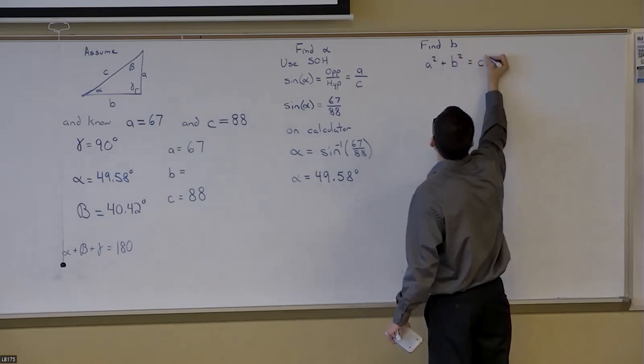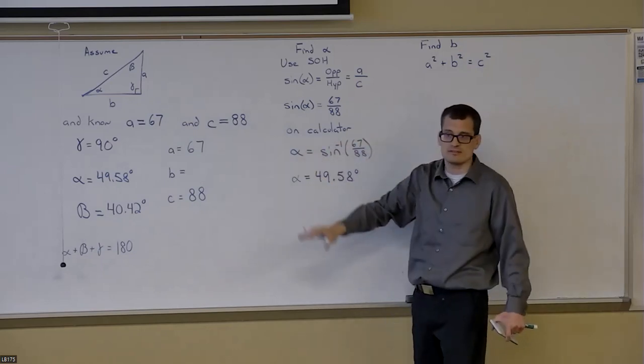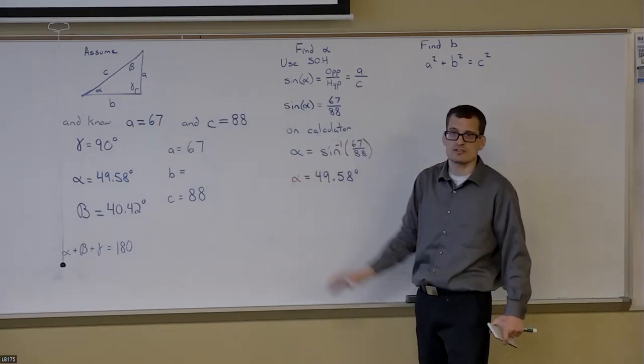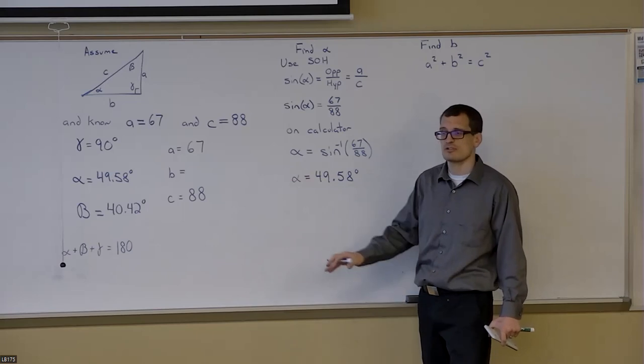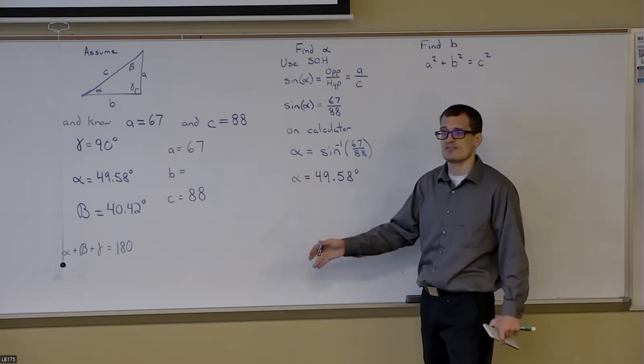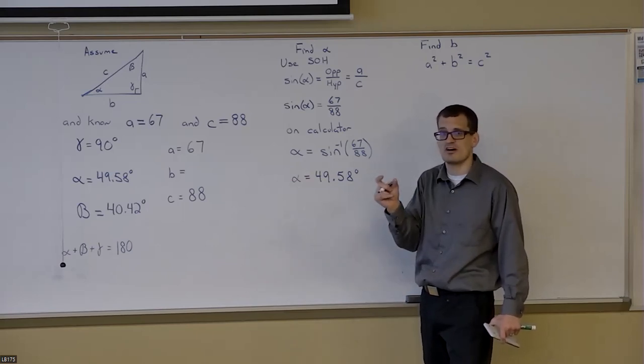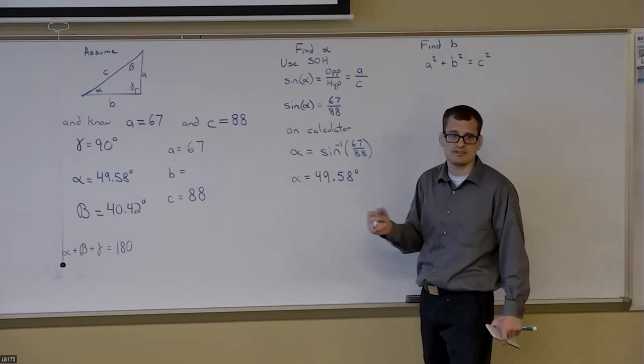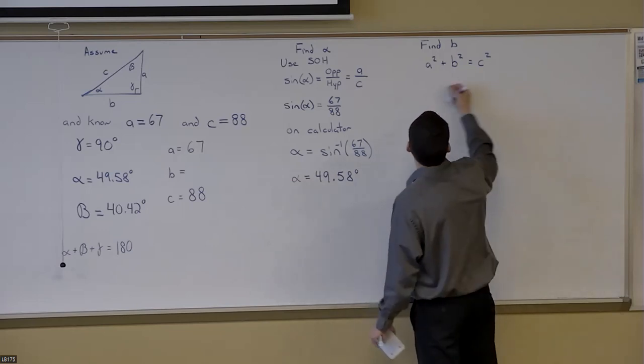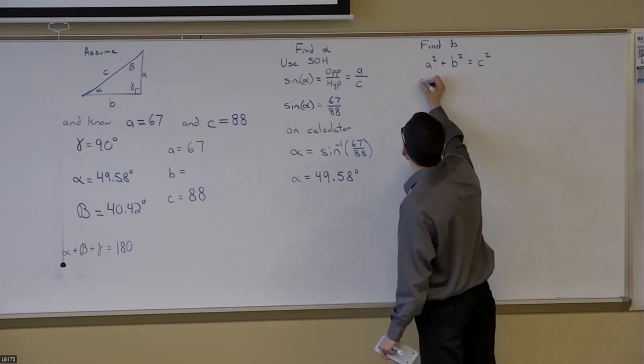In this case, you could have used SOHCAHTOA. That would have been fine too. If you want to use SOHCAHTOA with alpha or with beta, that's fine. You might be just slightly off of what I'm at, but same thing. So A is 67.